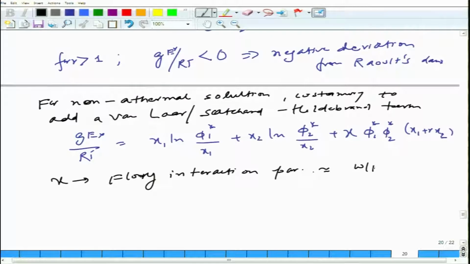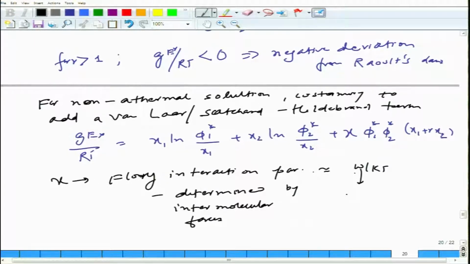So this is related to the intermolecular forces, approximately omega by kT, where omega is nothing but the exchange energy between the solvent molecule and the polymer segment.